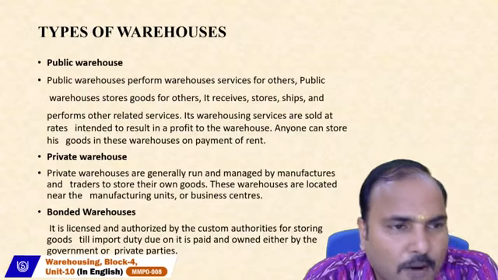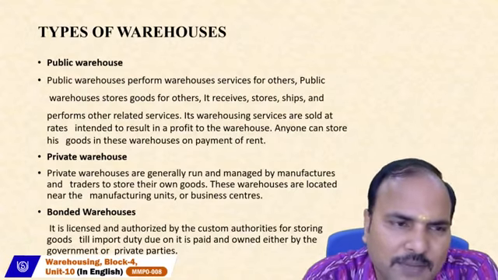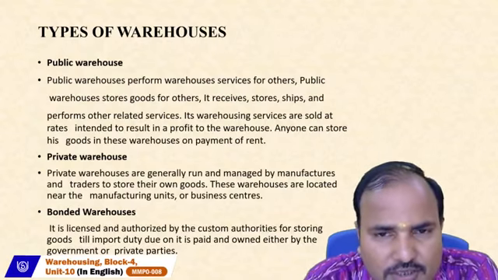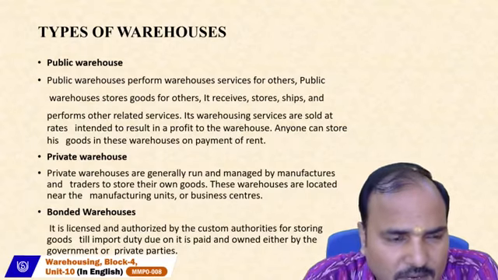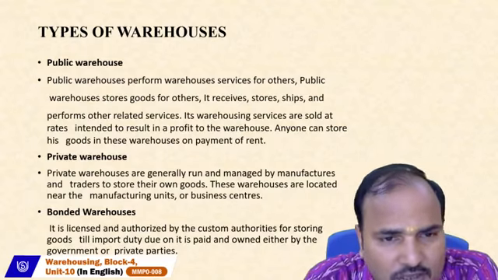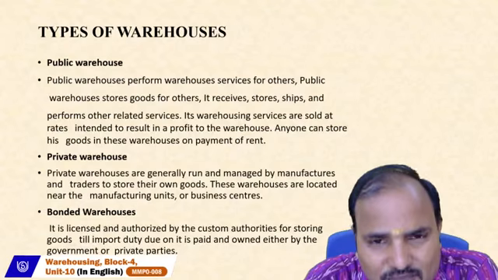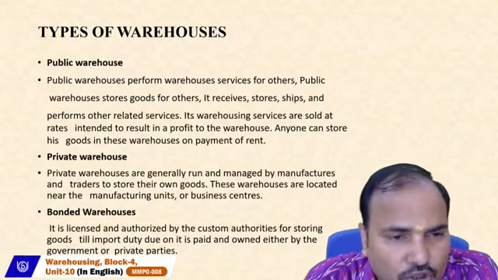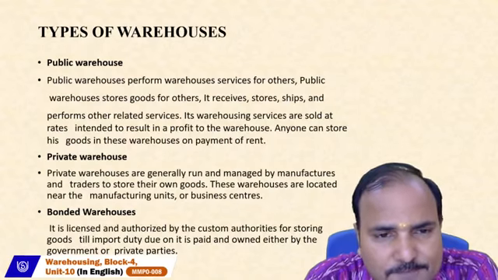One is public warehouse. What do you mean by public warehouse? Public warehouses perform warehouse services for others. A public warehouse stores goods for others. That means it receives, stores, ships, and performs other related services.